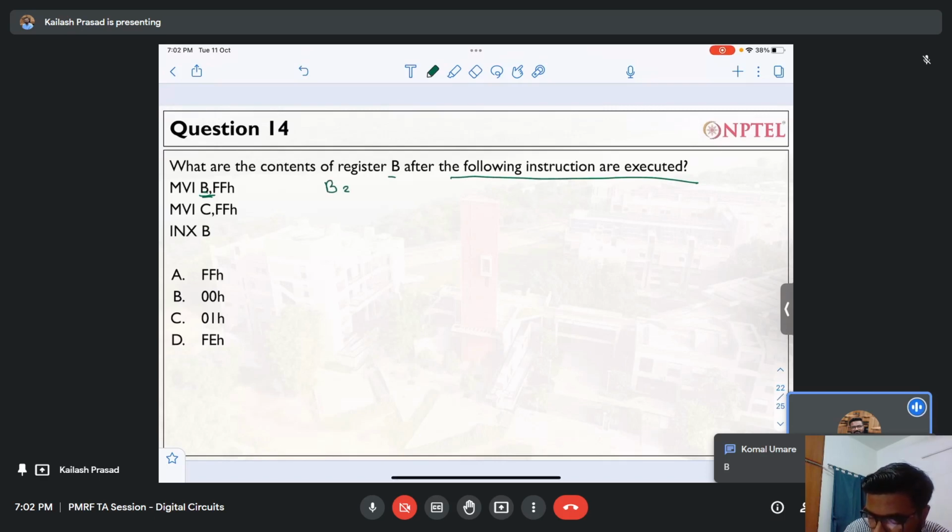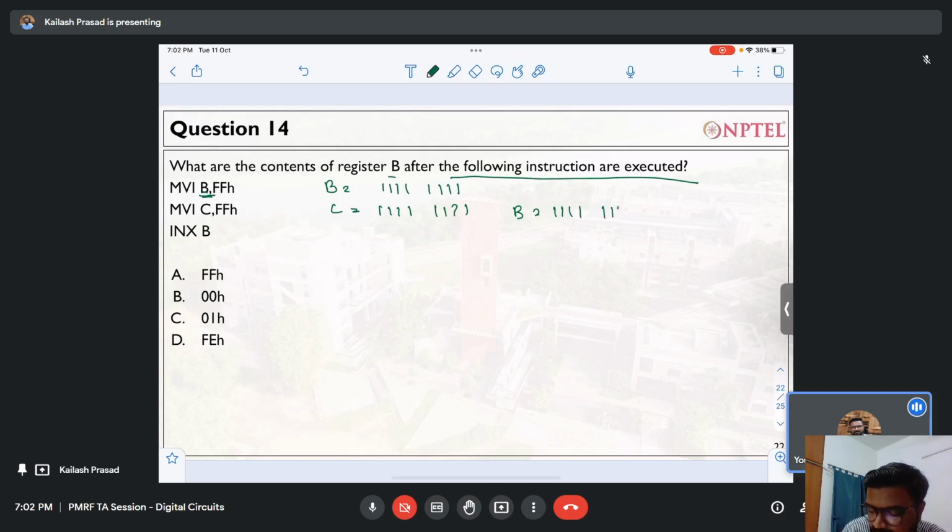FF is 1 1 1 1 1 1 1 1. After this, C is also 1 1 1 1 1 1 1 1, and the value of B is FF, right? And this means B is equal to B plus 1.